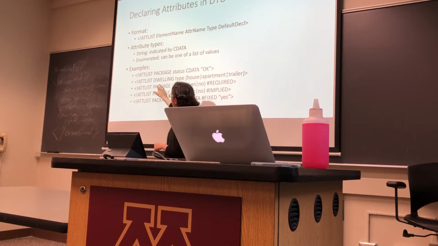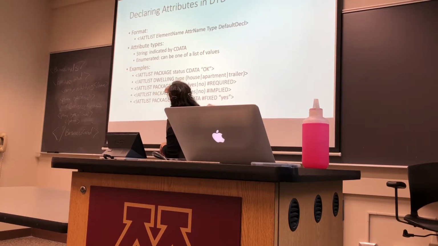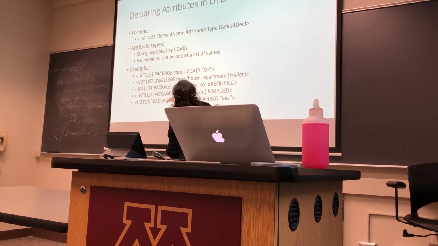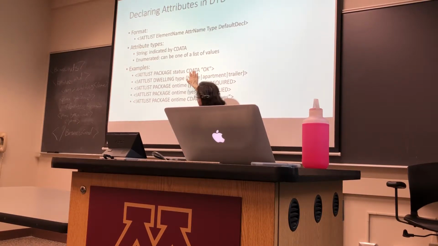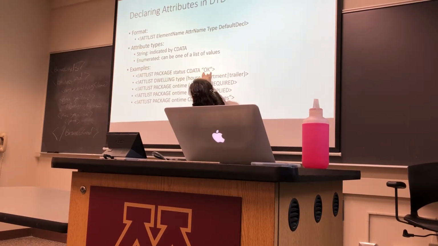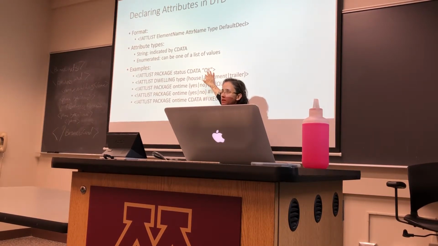So here we're saying that I have attributes for an element called package. The name of my attribute is status, and the type of my attribute is CDATA. What happens here is that, let's say my attribute does not have a value, it defaults to the value OK.